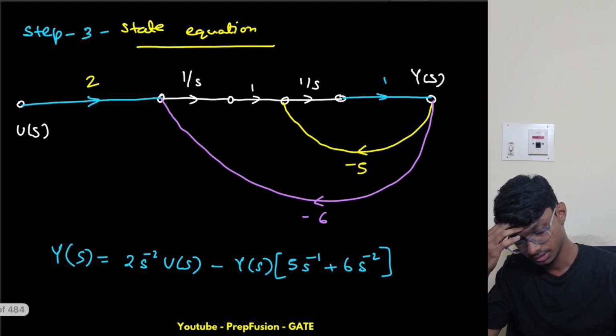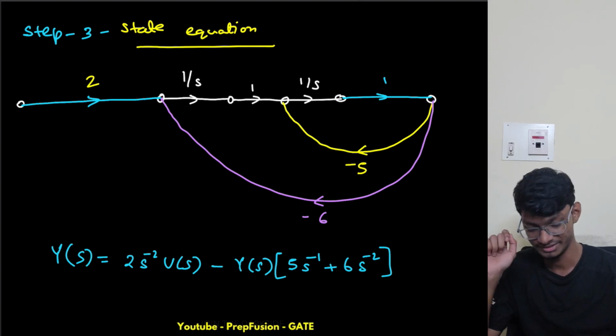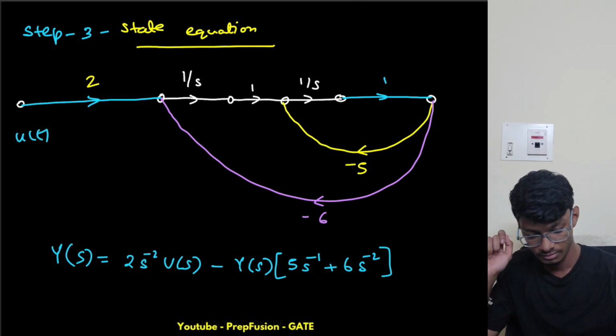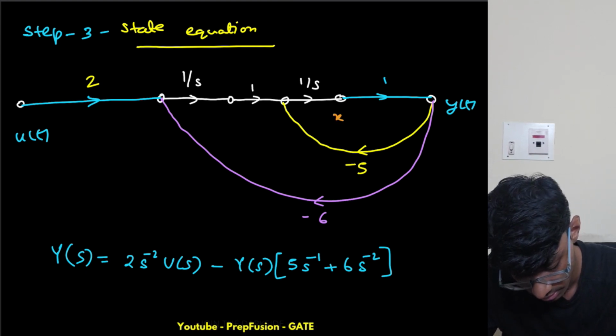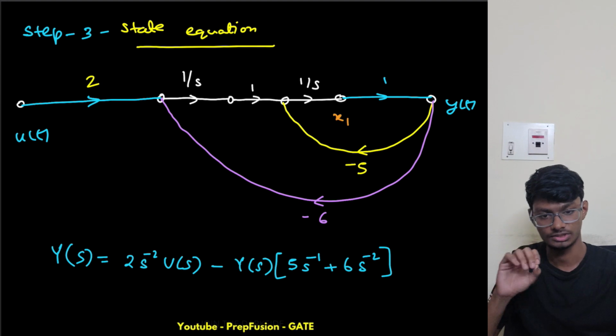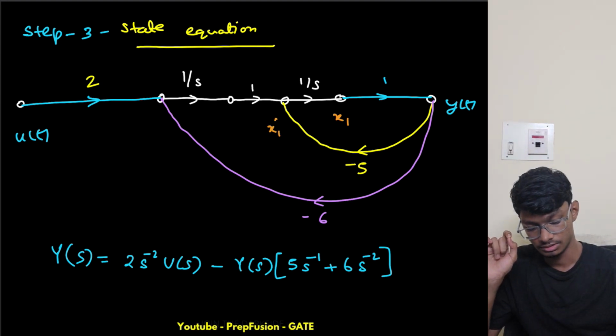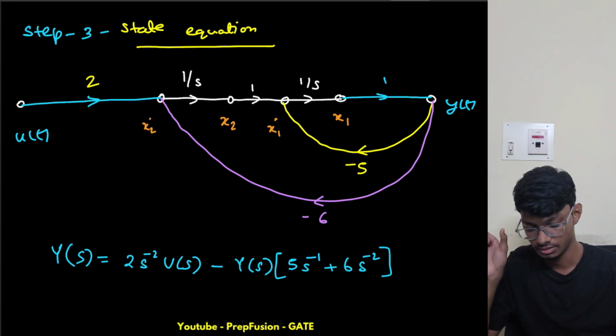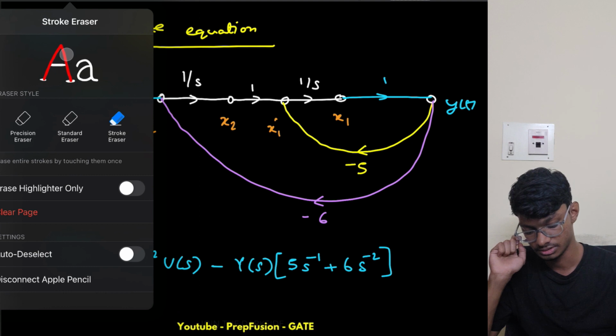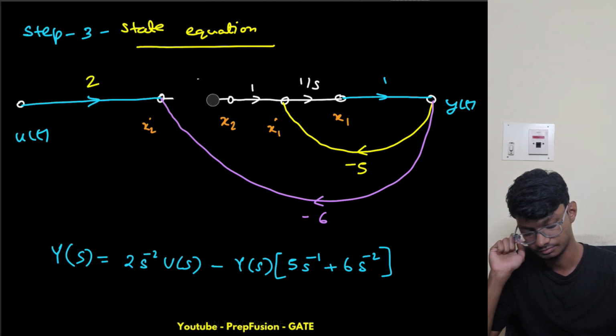I will convert this into time domain, right? Will not make that mistake again. This will be u of t, this will be y of t. Let me assume this as x1 of t, so this one will be x1 dot. And this one will be x2, and this is x2 dot of t. Now I have taken into effect the 1/s effect, so I will remove the 1/s terms.